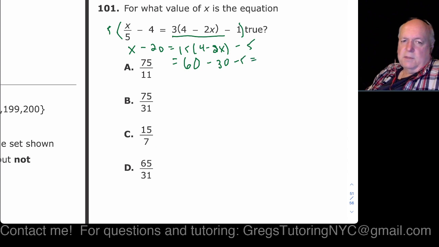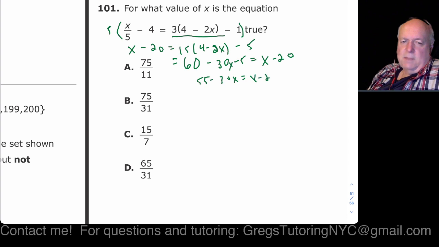So I'm just going to put the x minus 20 that we got over here. So at this point, I just need to solve for x. So I have 60 minus 5, so I get 55, minus 30x is equal to x minus 20.